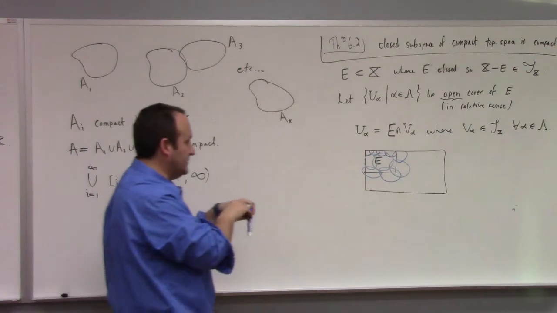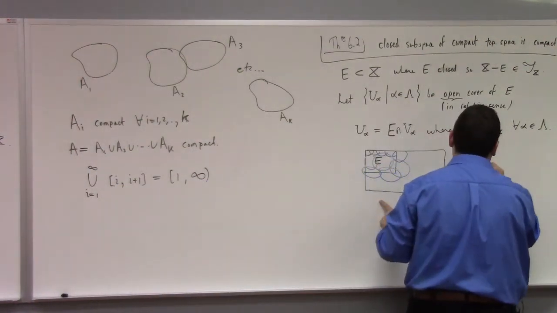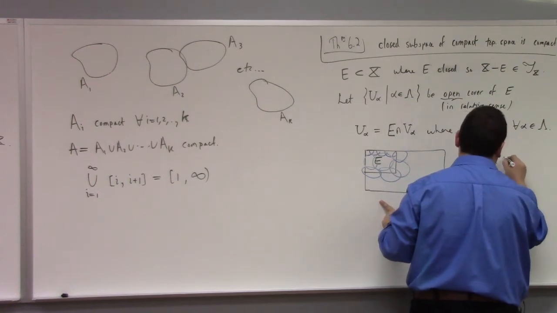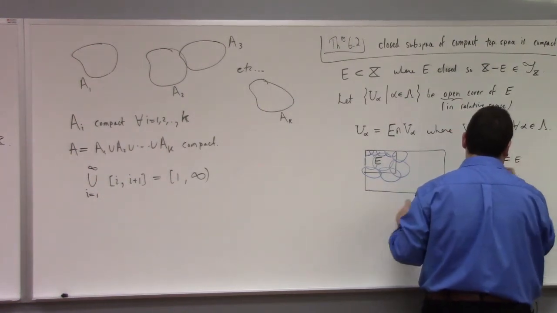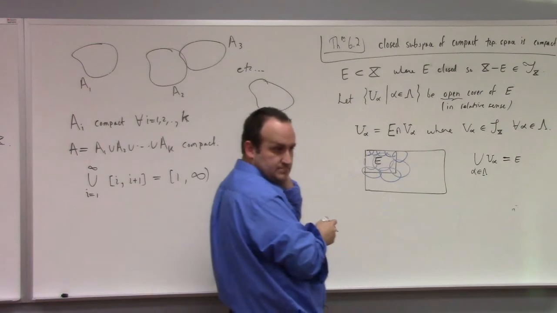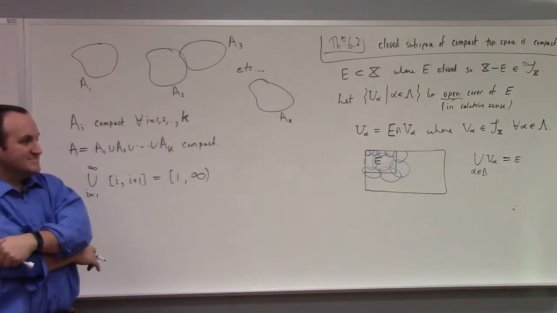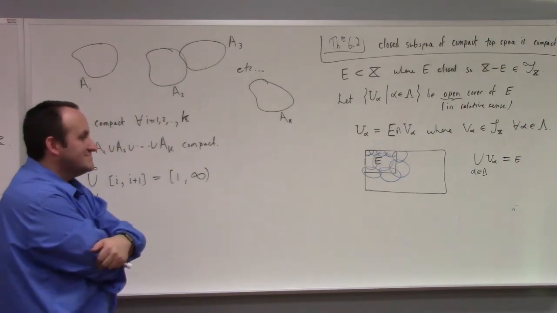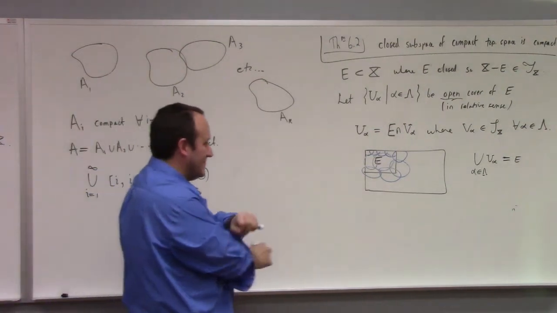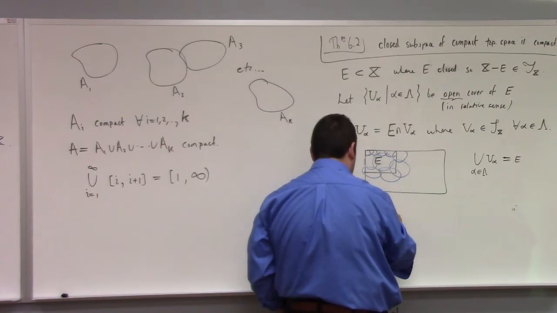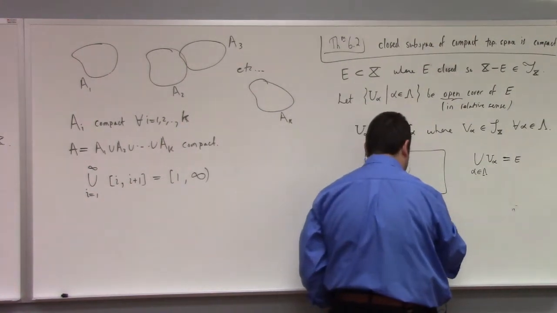In other words, the union over alpha in lambda of U alpha equals E, right? So we can talk about an extension of that open cover that covers all of X, and then say that this is an open cover of X.